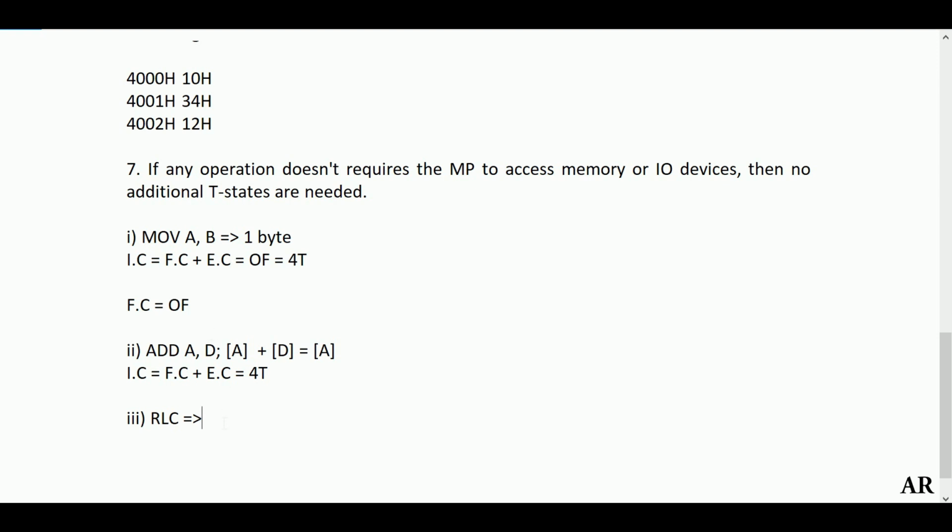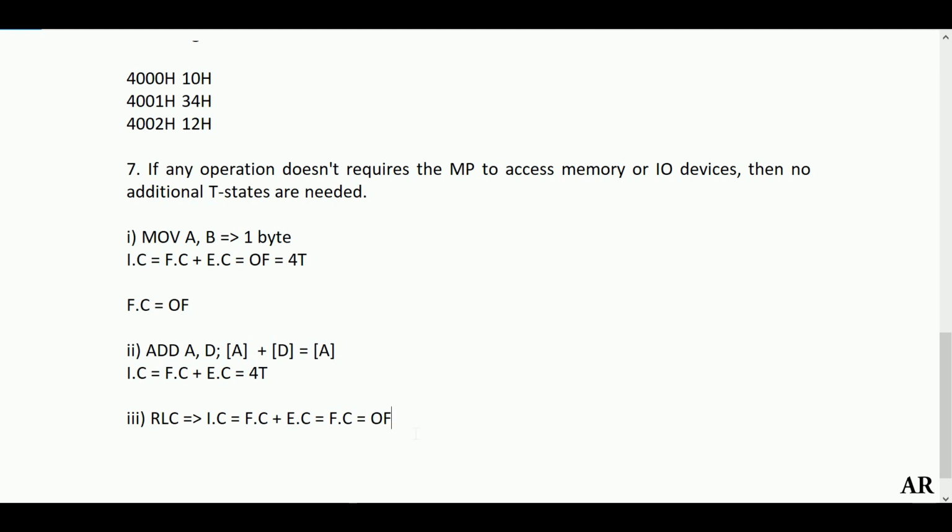So here again your instruction cycle will be only the fetch cycle. In all these cases the execution cycle is not performed explicitly; it just takes place in the fetch cycle itself. I'm writing fetch cycle plus execute cycle, but the execute cycle will not take place explicitly, so it will just be the fetch cycle, which is opcode fetch.